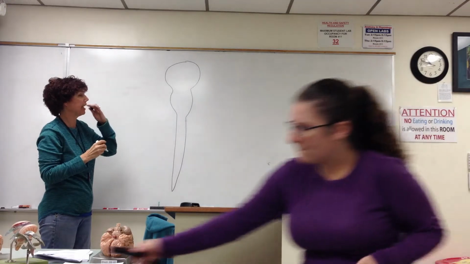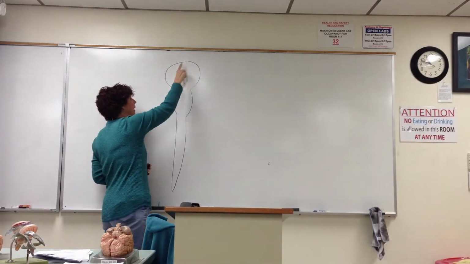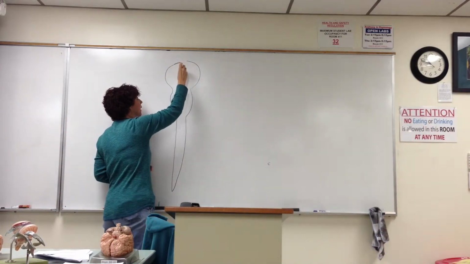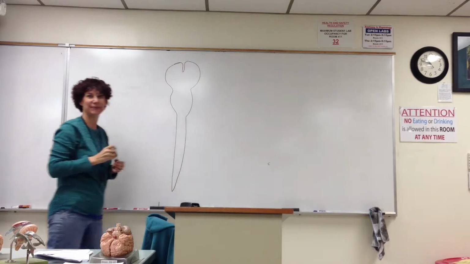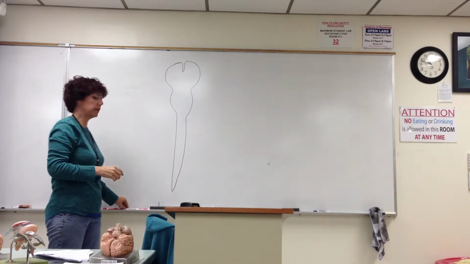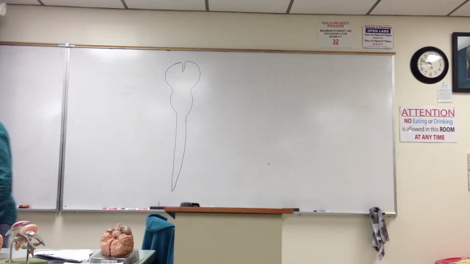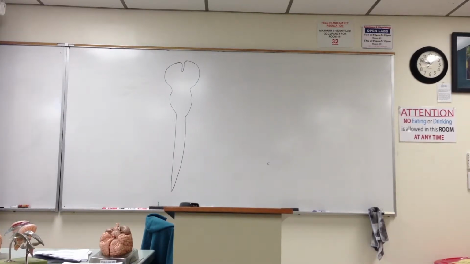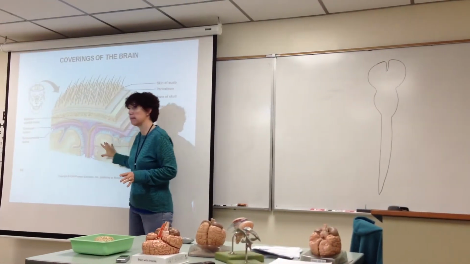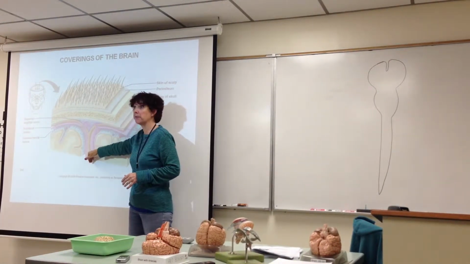And in actuality, the brain has two hemispheres. So the innermost layer of the meninges, and there are three again, is very thin and fine and contains blood vessels. And on this diagram, you're looking at the top of the brain, so you're seeing two hemispheres with a fold in between.